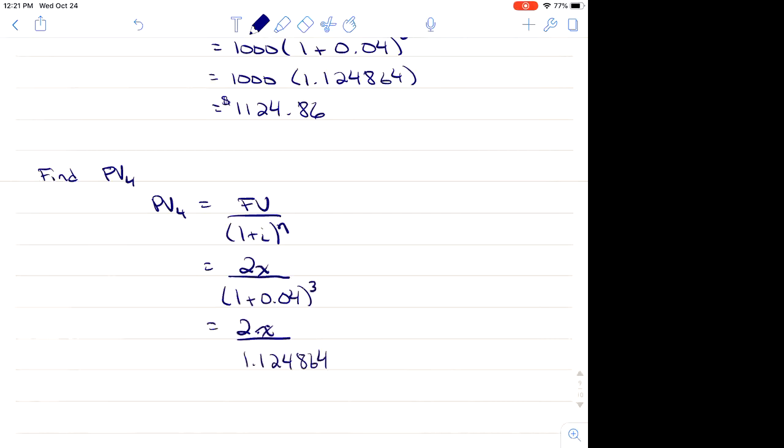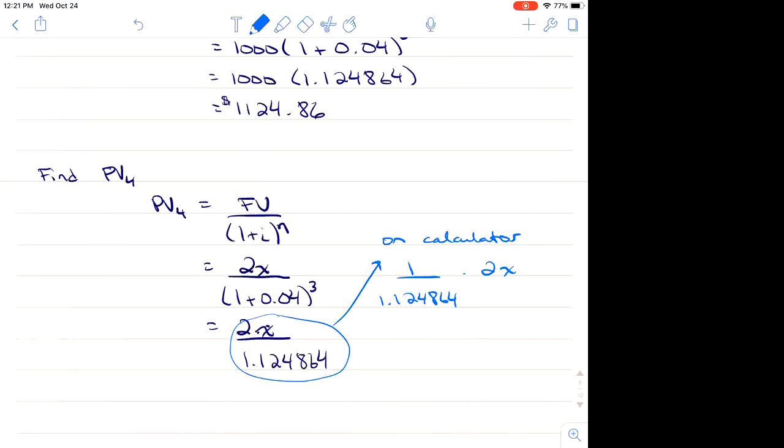Remember our 1 over x trick, to kind of bring it to the same level? You're going to rewrite this as 1 over 1.124864 times 2x.